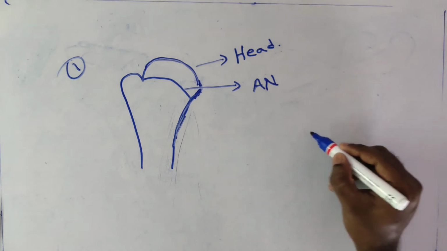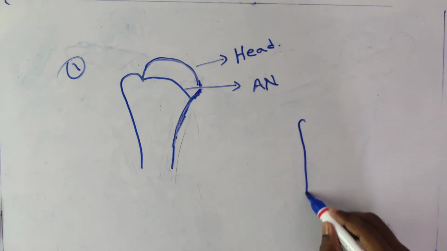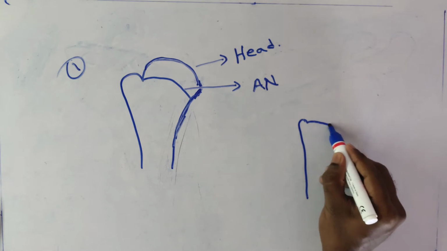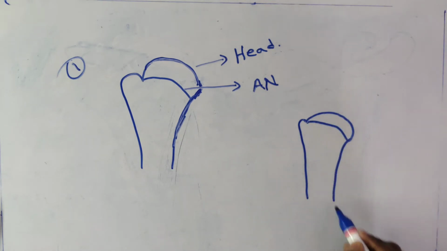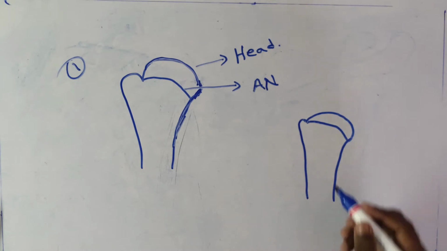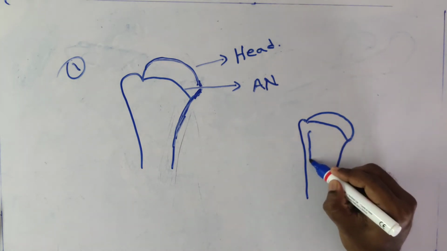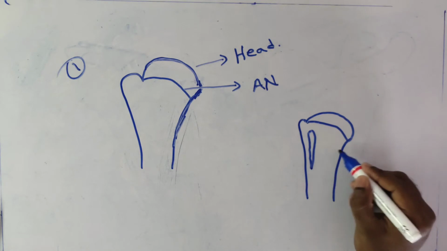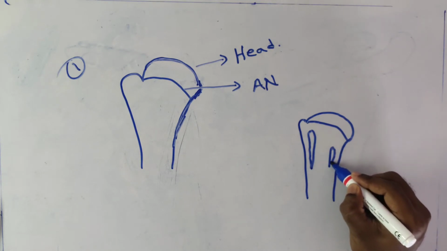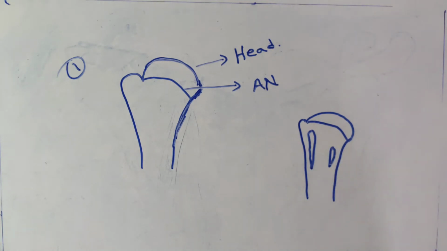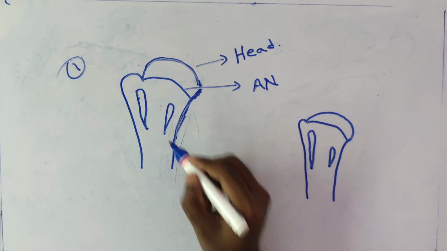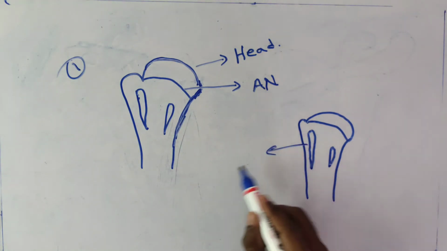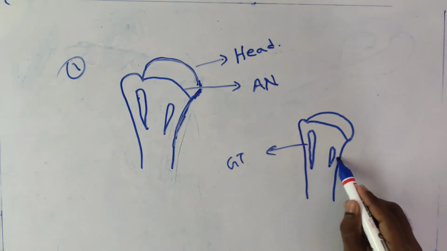Next, in the second diagram, draw the same diagram of the upper end. This is humerus. If we are writing about the greater tubercle and lesser tubercle of the upper end, draw the same diagram and label the parts only of greater tubercle and lesser tubercle.